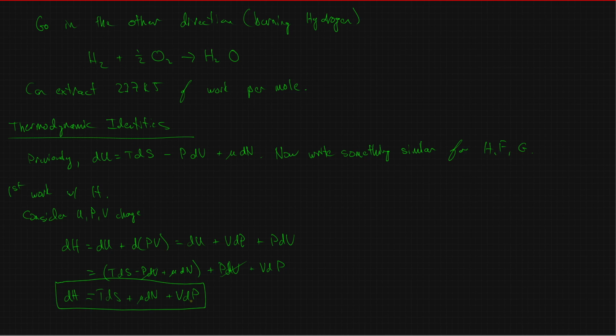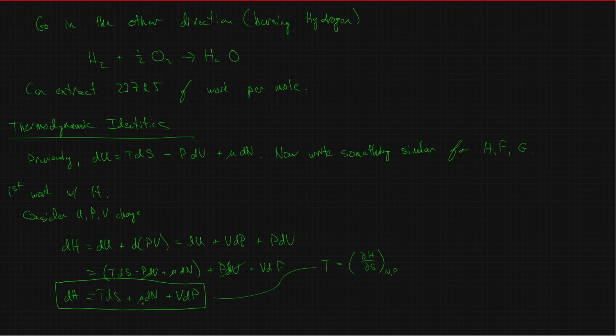So now you can use this identity to derive relationships for T, mu, and V in terms of partial derivatives of H, for example. From here, you could get that T is del H over del S with N and P held constant.